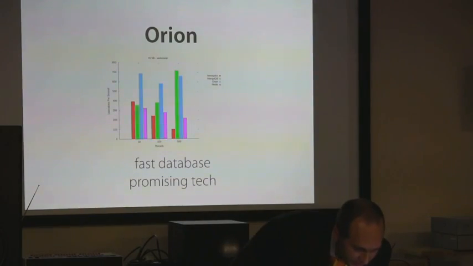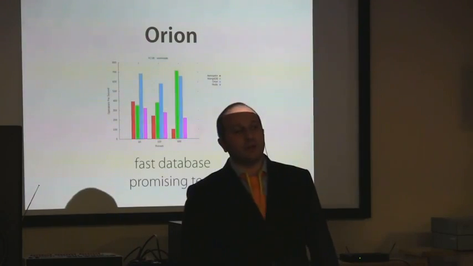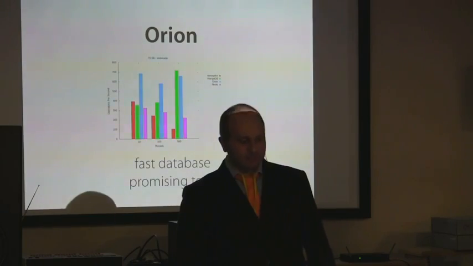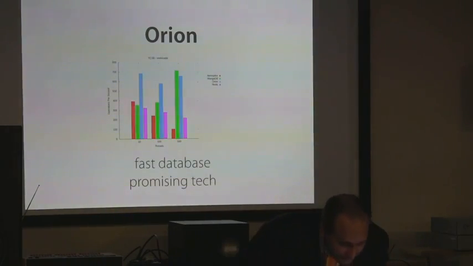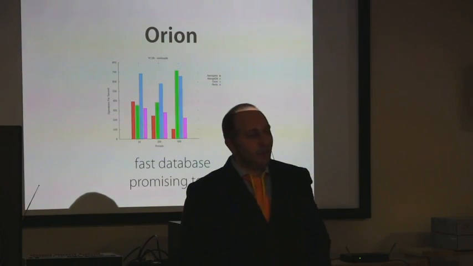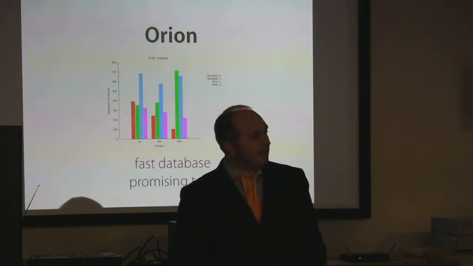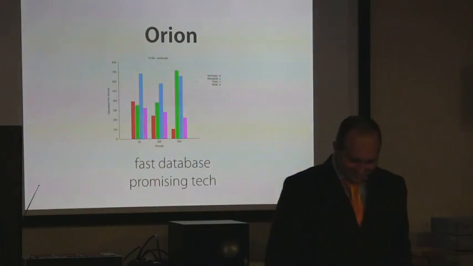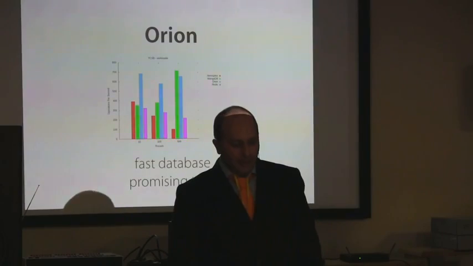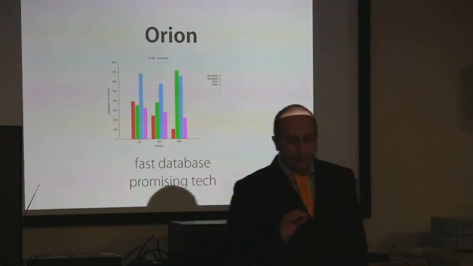Competitors here are Aerospike, which is one of the fastest in-memory databases around; Redis, another very fast and very popular in-memory database; and MongoDB. They have a lot of money, and our solution is performing better. So this is a promising tech.